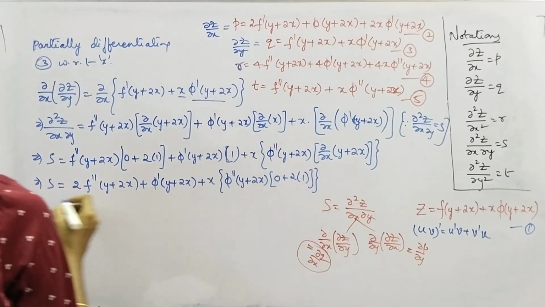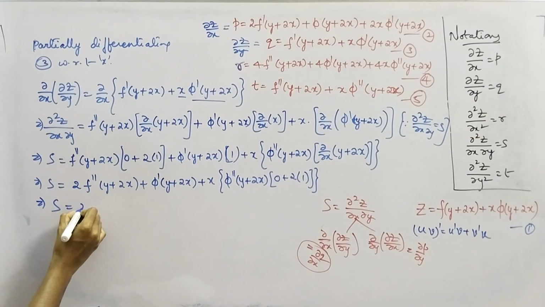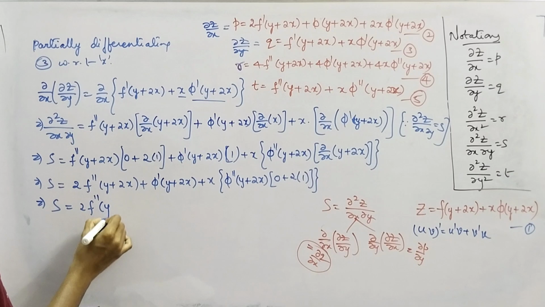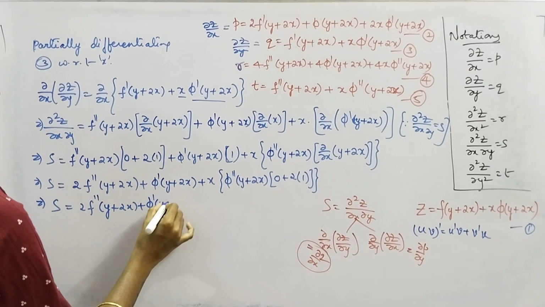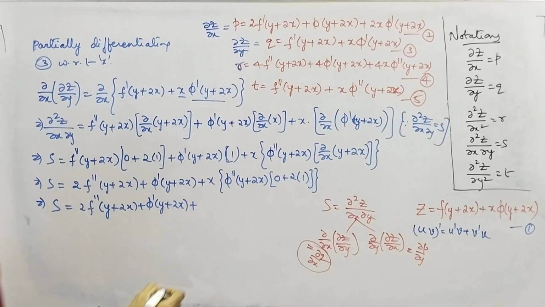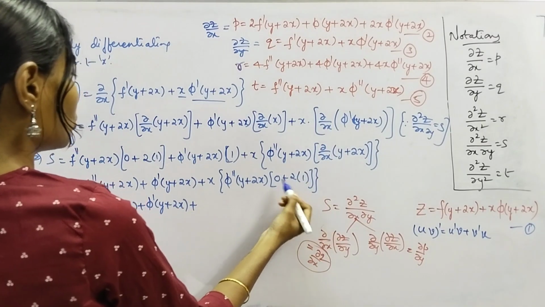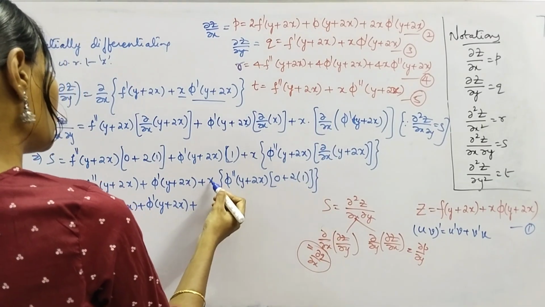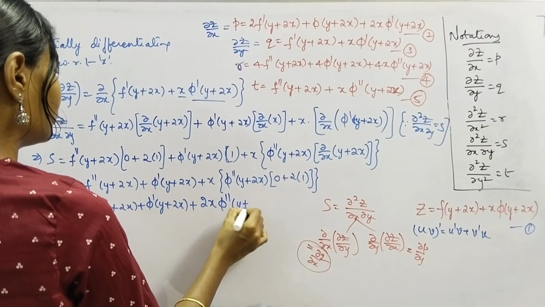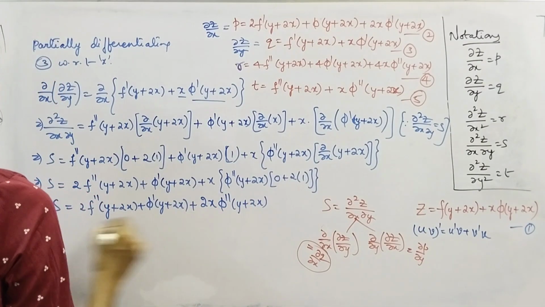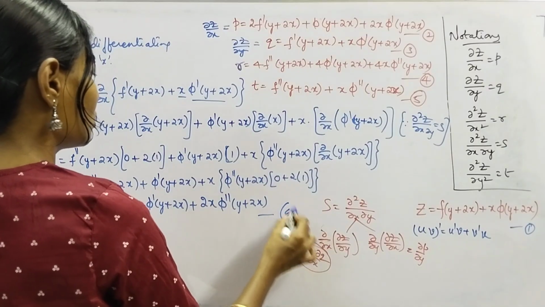This gives us s equal to 2 f'' of (y + 2x) plus φ' of (y + 2x) plus x, 2 into 1 times 2, that is 2x φ''. Right, now consider this as equation number 6.